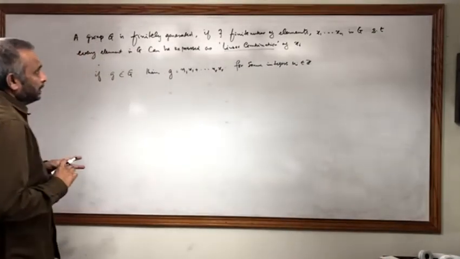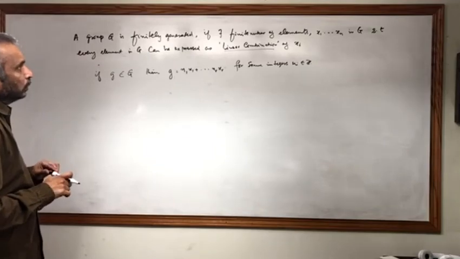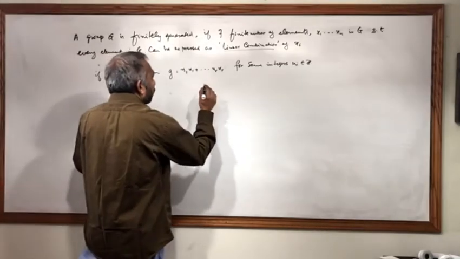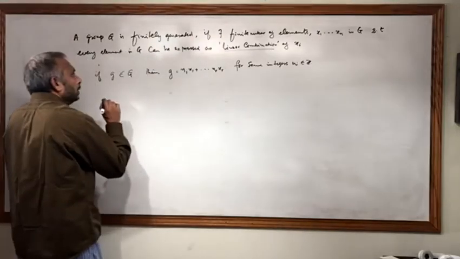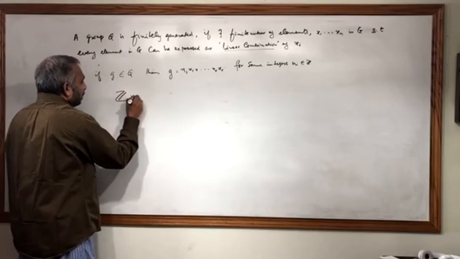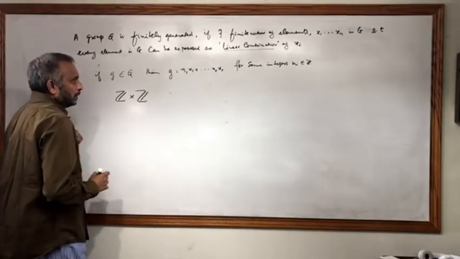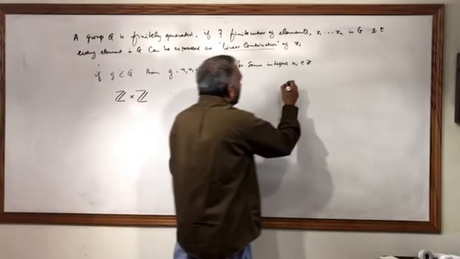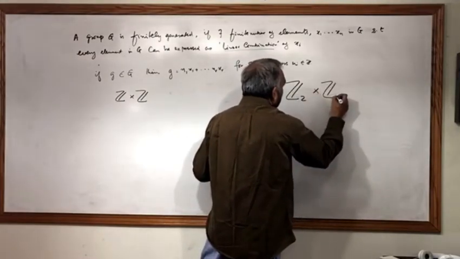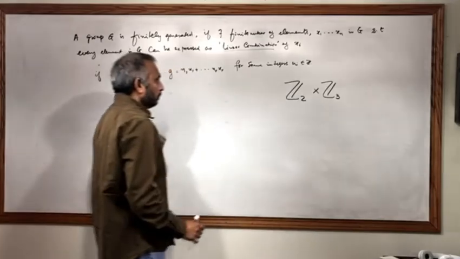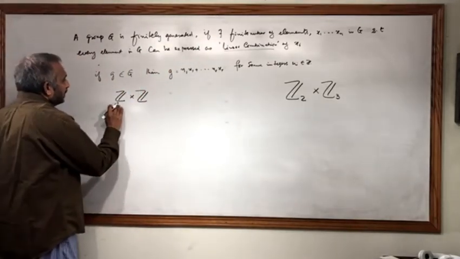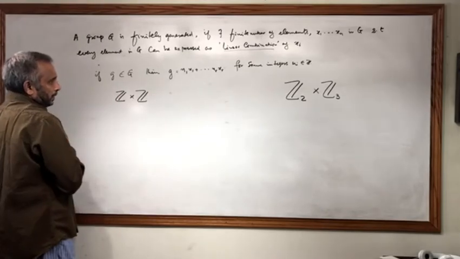a finitely generated group. Now let us consider two different types of finitely generated groups. One is Z cross Z, and another one is C2 and C3. Both of them are finitely generated.